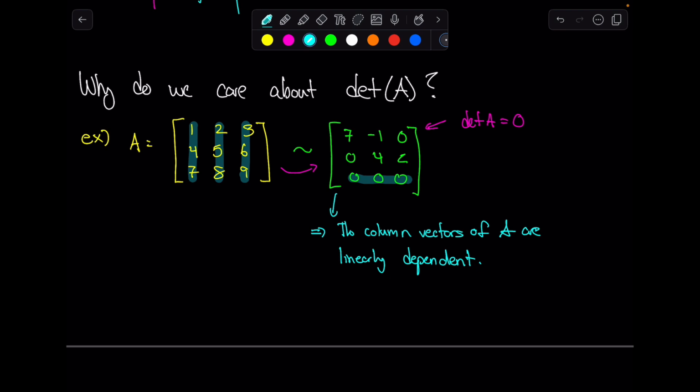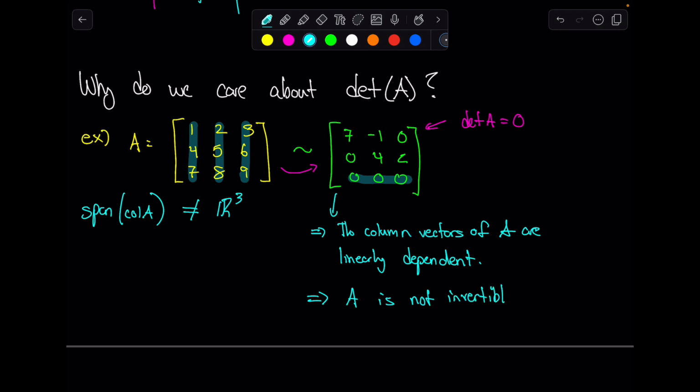And what did we learn from the last video on inverses? If they're linearly dependent, then if A is a transformation, the span of the columns of A would not span all of R3, and that in and of itself implies a whole bunch of stuff. This implies that A is not invertible.